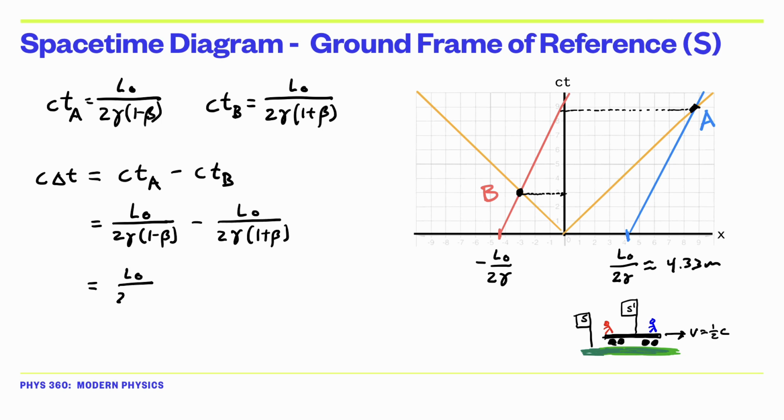We factor out an L0 over 2 gamma, put it over a common denominator, and realize that the denominator is the difference of two squares.